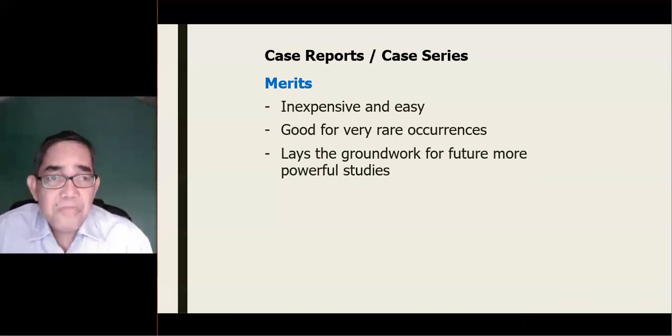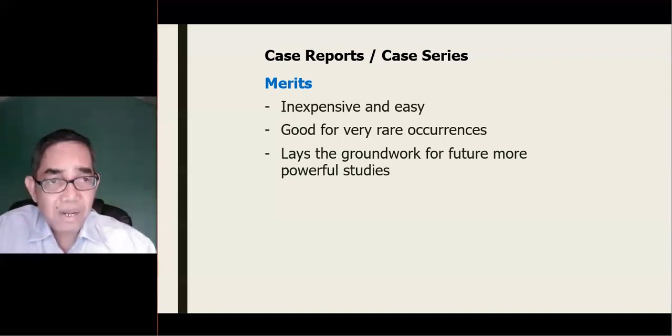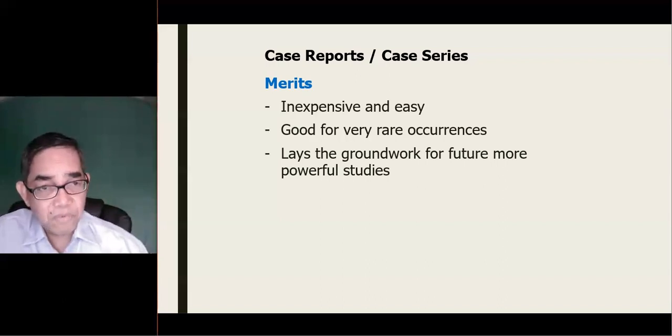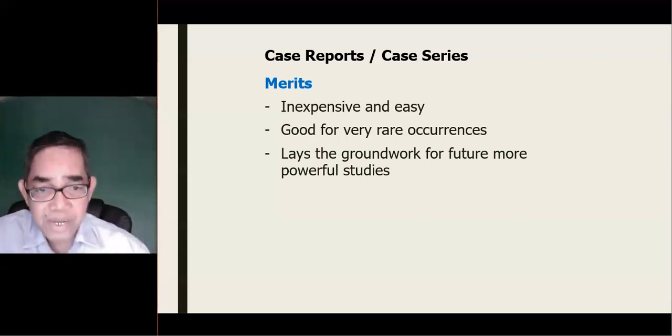For example, when AIDS was first discovered, it was reported as a case report. A medical doctor saw a case with unusual presentation, with TB, malnourished, cachectic, with moniliasis all over, with diarrhea, with pneumonia.